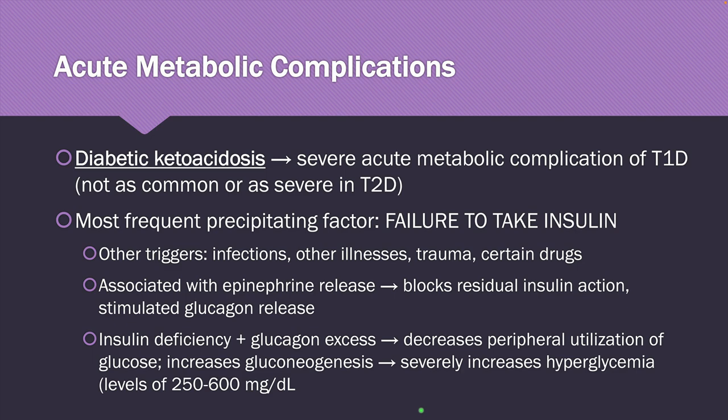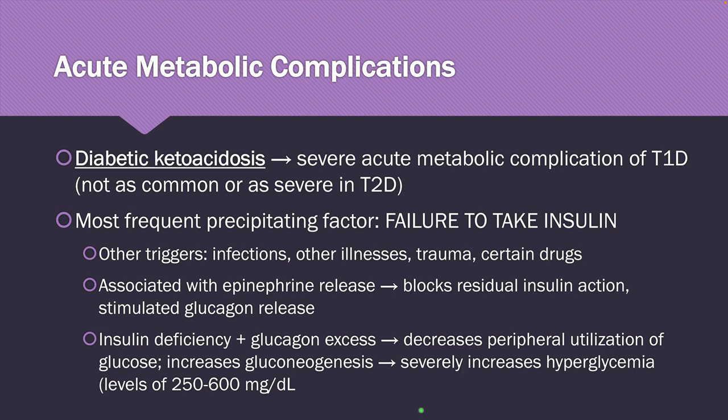So, the main acute metabolic complication you fear is diabetic ketoacidosis. This is a severe acute metabolic complication of mainly type 1 diabetics, but this may also happen in type 2 DM. The most frequent precipitating factor is the failure to take insulin.